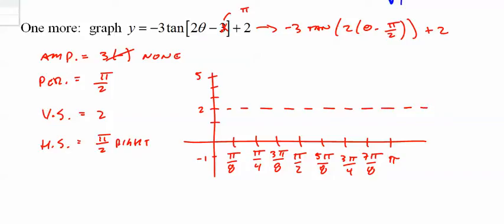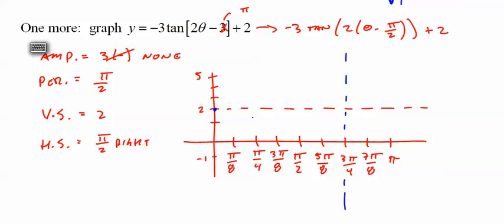Okay. Finally. Tangent should have an asymptote here. I'm going to make it solid because it's very easy for me to erase then. But we're going to shift it pi over 2, which is 4 tick marks. So we'll put it here. And that's permanent. Get rid of this one.